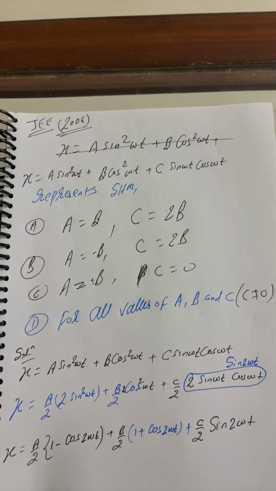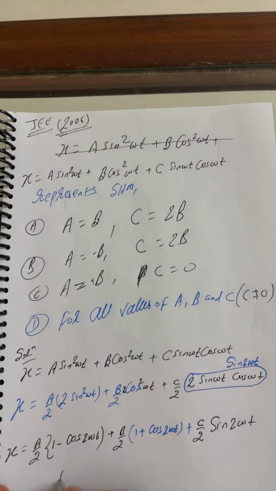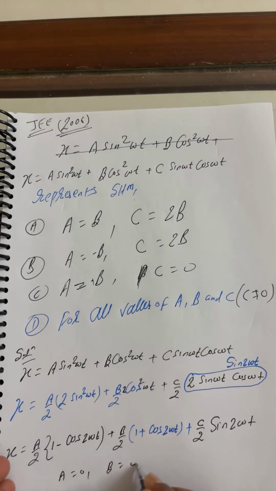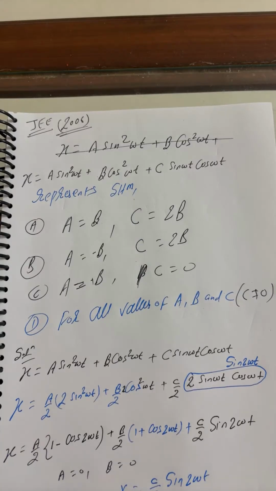Let us suppose A is 0 and B is 0, then what do we get? x is equal to C by 2 sine 2 omega t.